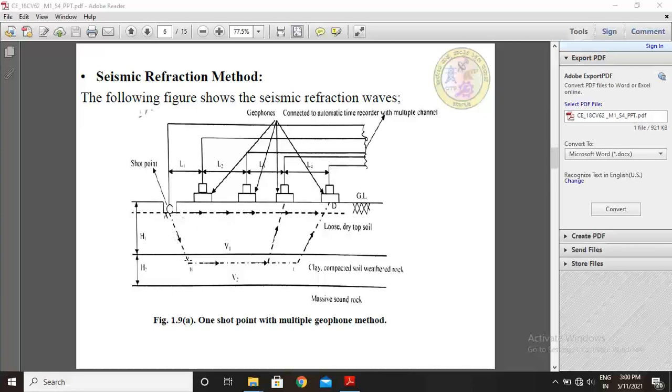And see, in this diagram these dotted lines are shot points, that is seismic waves are passed from A point, and here V1 and V2 are symbols applied in these methods, and this is A point, this is B point, this is C point, this is D point.